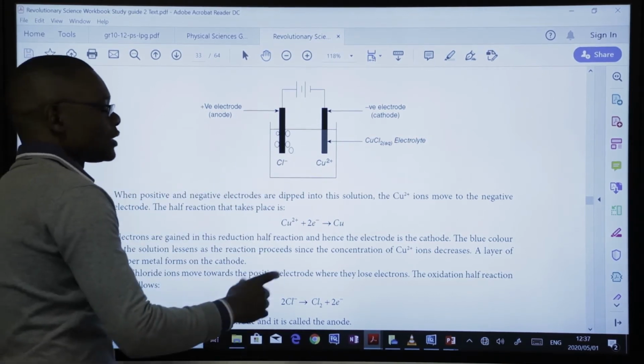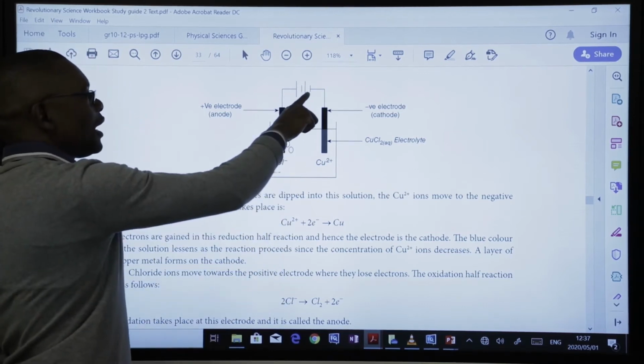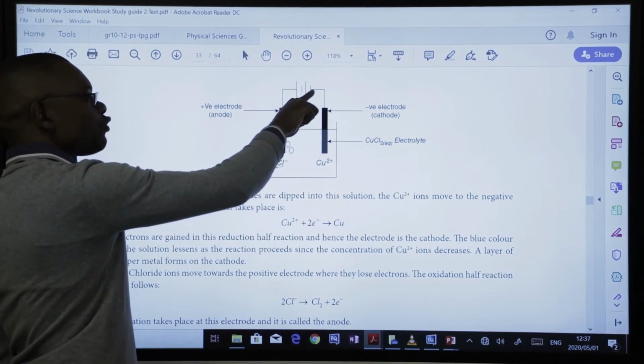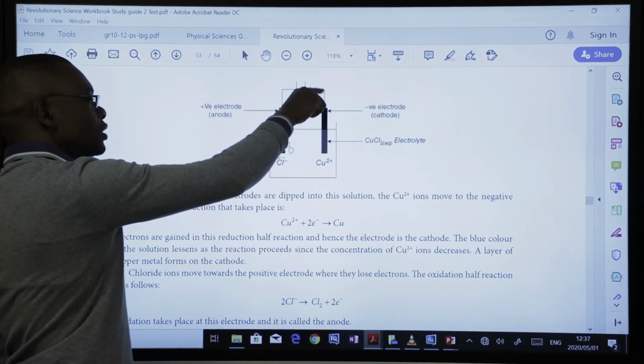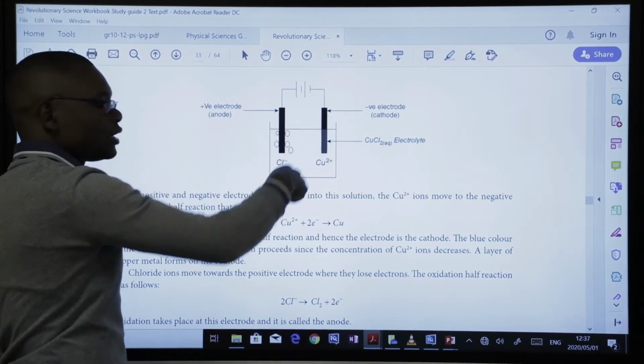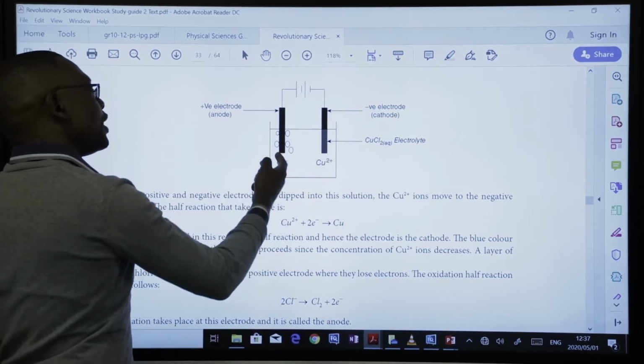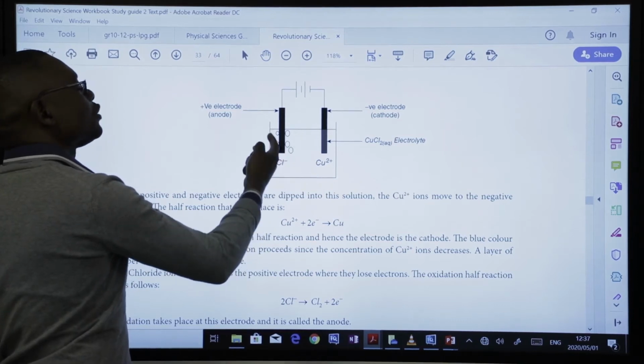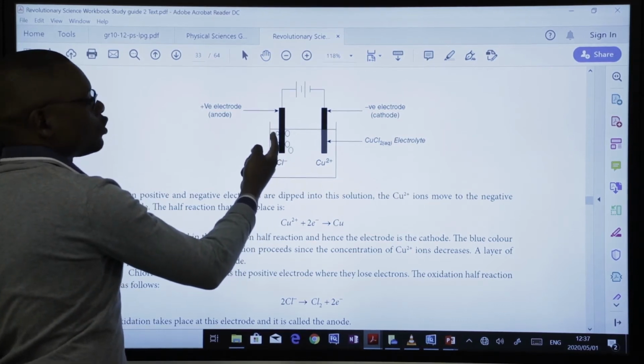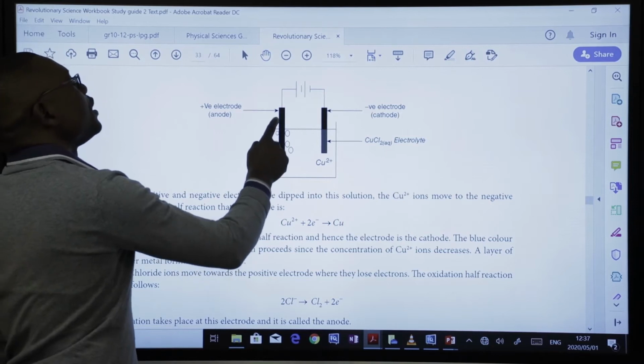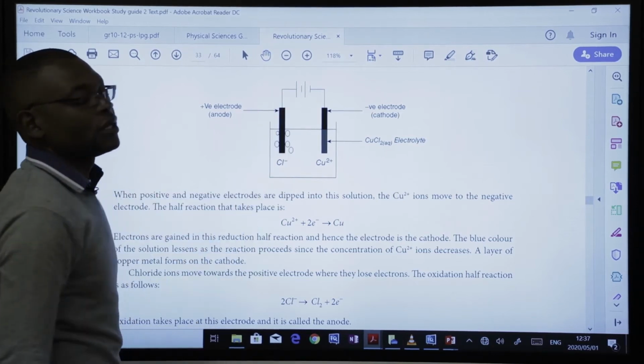So in other words, what we are saying is, while electrons are being discharged from the battery, going to the cathode and into the solution, at the anode, electrons are drawn out of the solution and taken back to the battery.